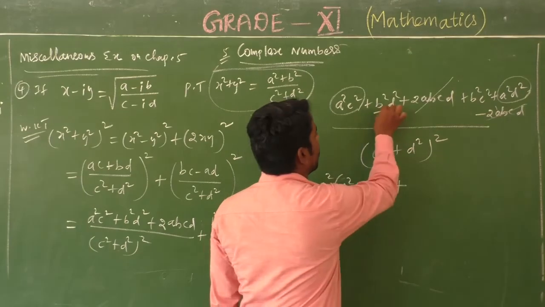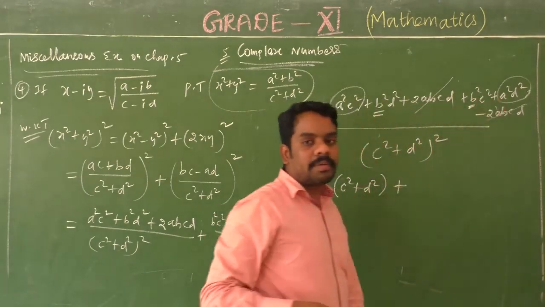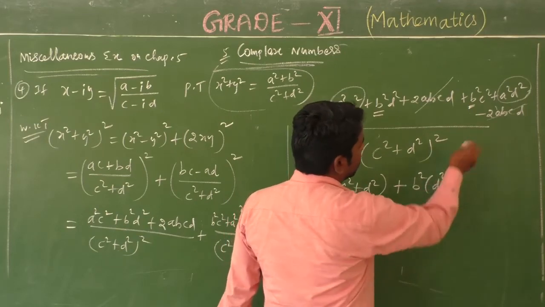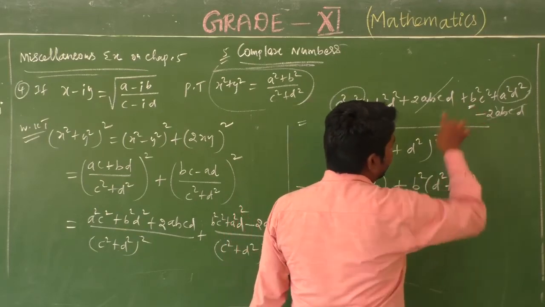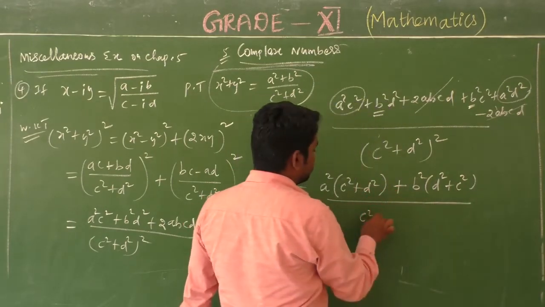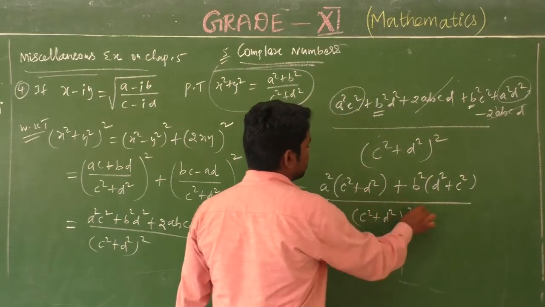Here b square is common, so b square of (d square plus c square), whole divided by (c square plus d square) the whole square.